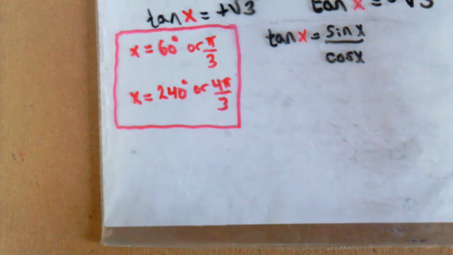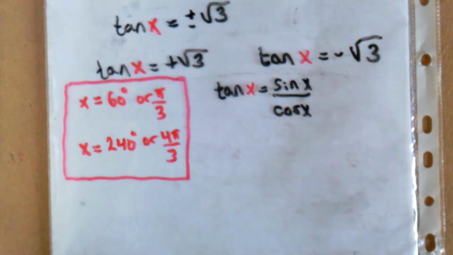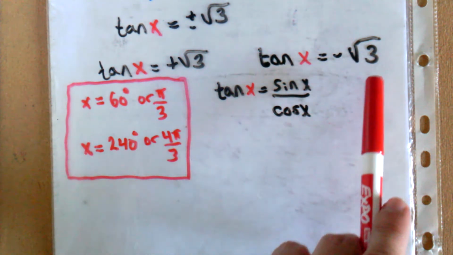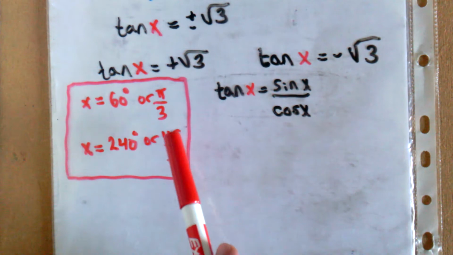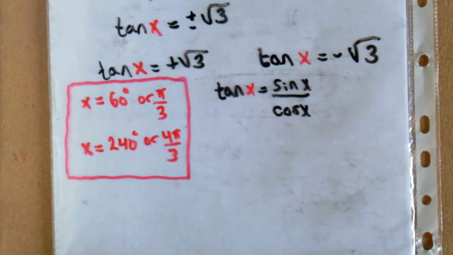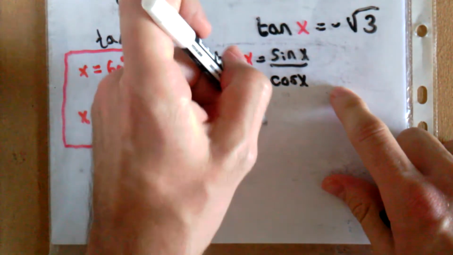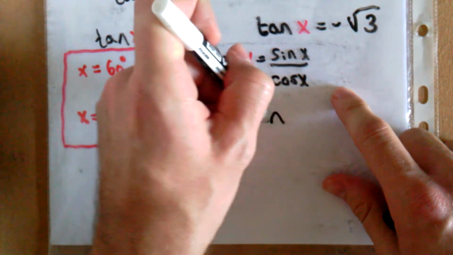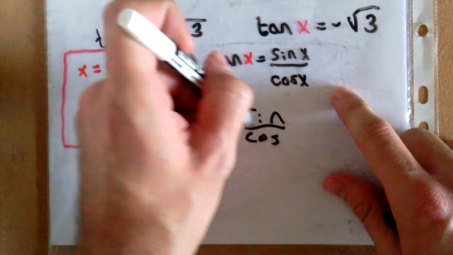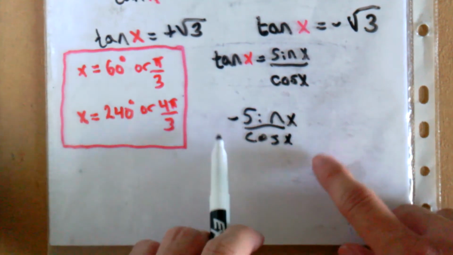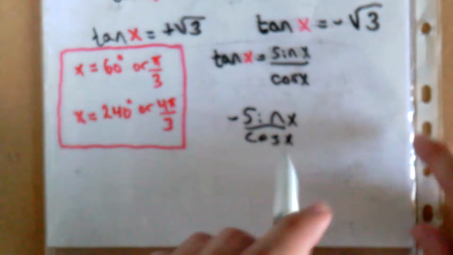Okay, now we also need to figure out in this problem where tangent is equal to negative square root of 3. So it's going to be somewhat similar to what we did here. So let's see. Tangent can be negative in two ways, again. If sine is negative and cosine is positive, because a negative divided by a positive gives us a negative number.